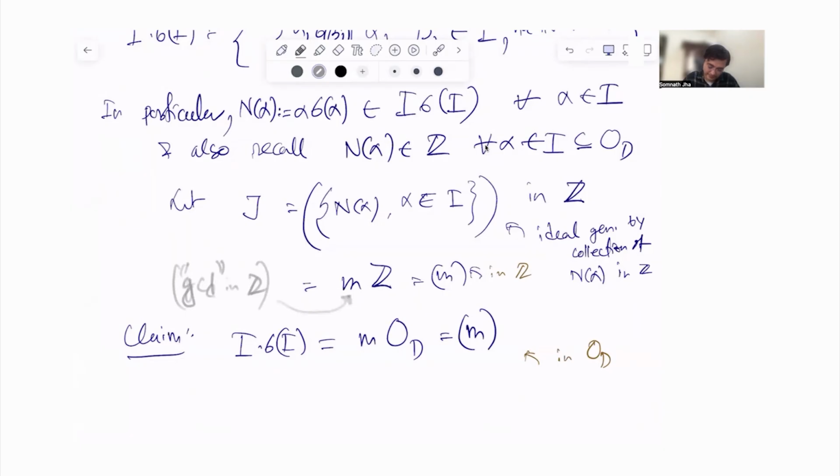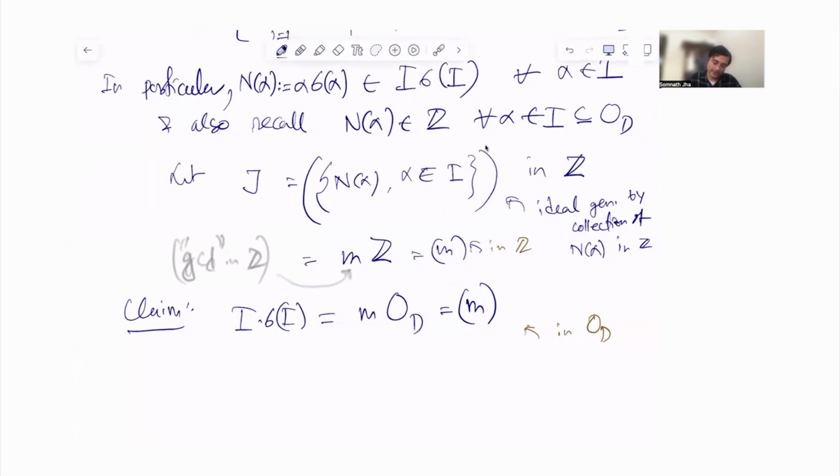Anyway, Z is a PID, so the ideal generated by these elements will be a principal ideal, and it will be non-zero because there is at least one non-zero element. So M is the smallest positive integer, the smallest positive norm in some sense.